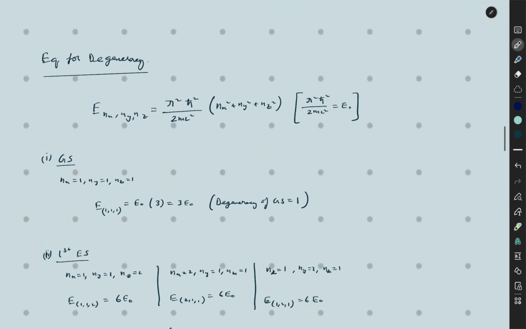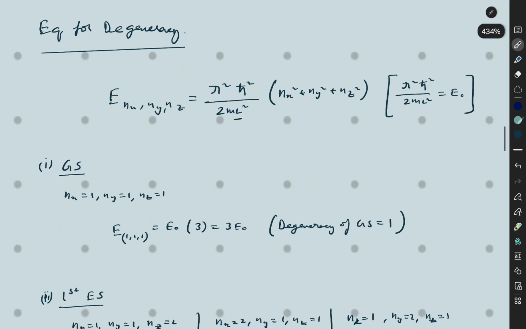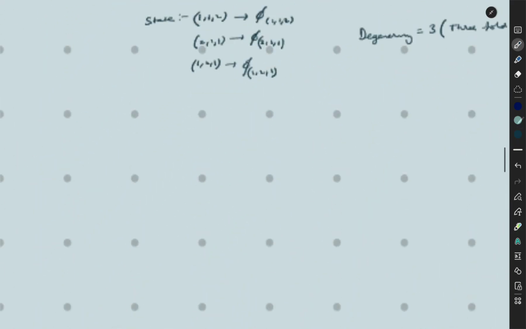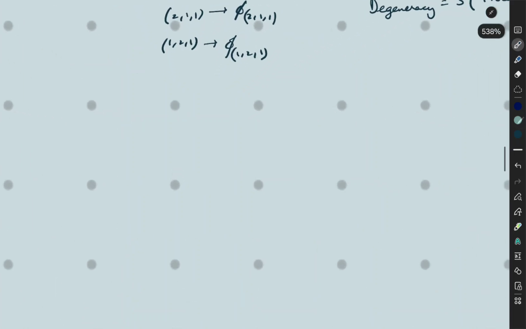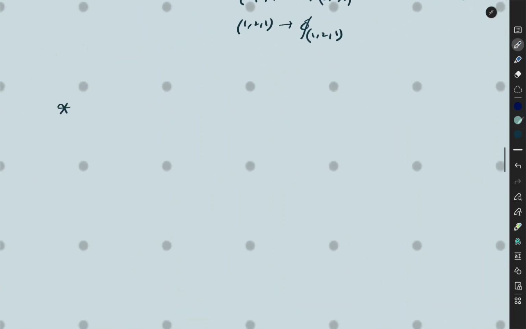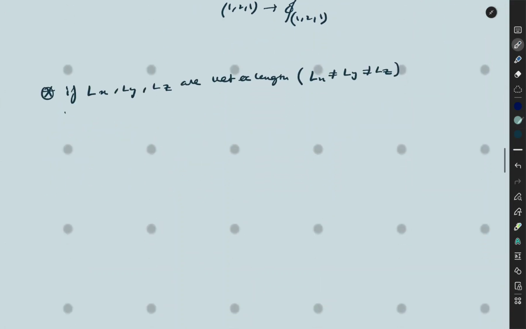In the energy, we could not have taken this L common. So let us make a condition that Lx, Ly, Lz are vertex lengths and Lx not equal to Ly not equal to Lz. So those three are not equal to each other.